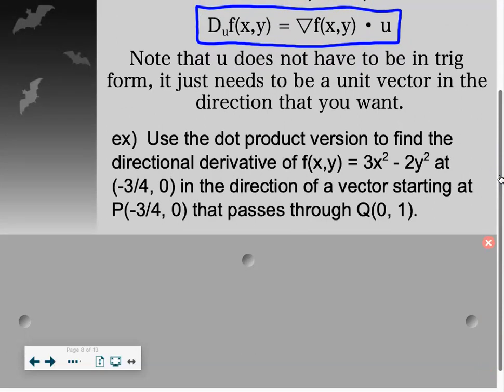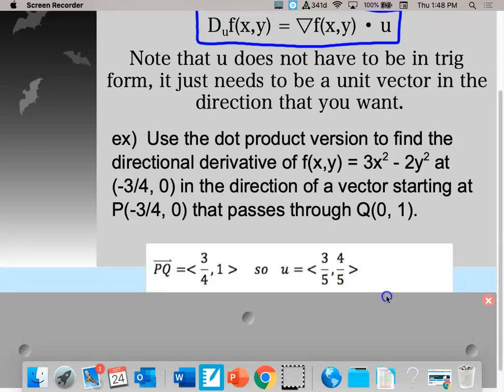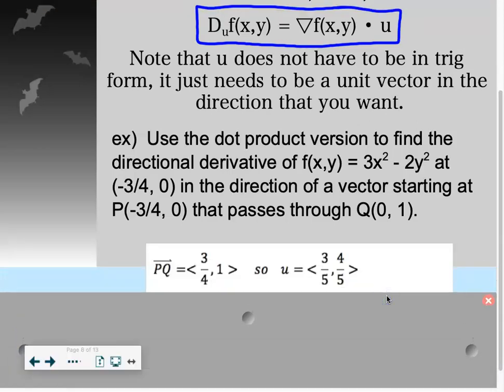Here, I'll raise this up so you can see better. I'm going to pause this. Okay. And minus 16y. So I worked on my unit vector first. My vector was the one that starts at (-3, 4, 0) and goes to (0, 1). So I did Q minus P and found vector PQ. It's been a while since we've just subtracted to find a vector, right?